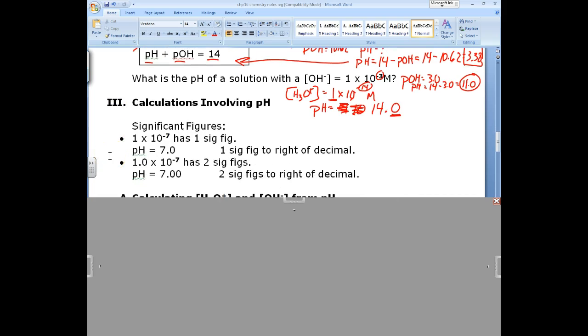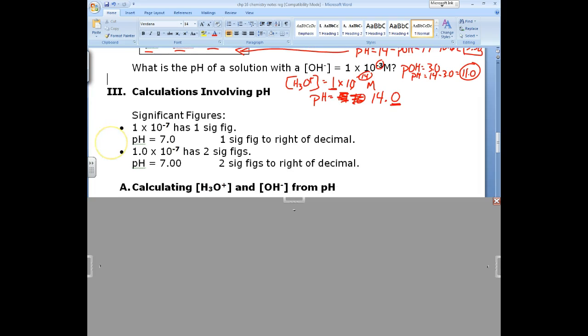And I have some other examples right there. All right, now, if we know our pH and they want to know our hydronium ion concentration, let's say we have a pH of 5.13. Well, we just have to take our equations and rearrange them.